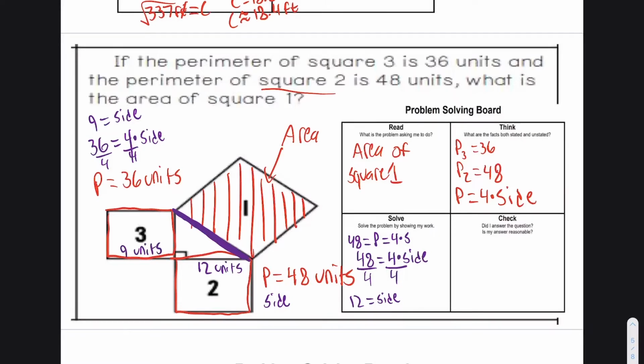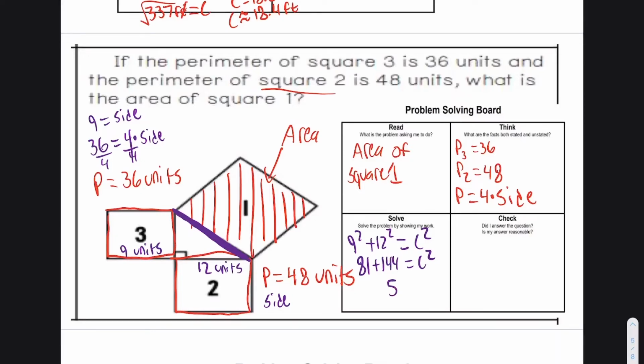Now we'll use the Pythagorean theorem, so that way we can find the hypotenuse. I need this stuff to be gone because I need some more space. Let's do 9 squared plus 12 squared equals c squared. 9 squared is 81, 12 squared is 144. That'll be equal to c squared.